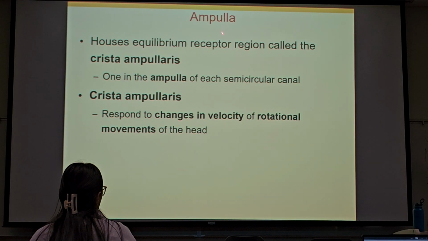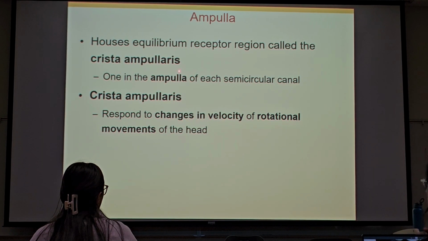Inside of the ampullas, we're going to find the receptor region for this type of equilibrium. This is called the crista ampullaris. You have one in each one of those ampullas, those bulges at the ends of the semicircular canals, anchored to the utricle.